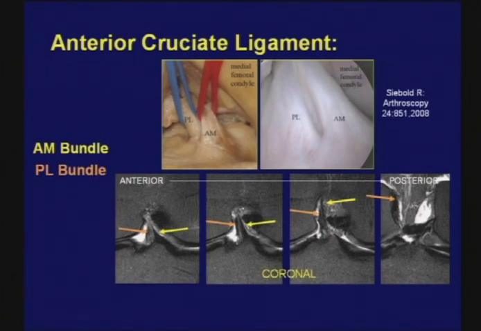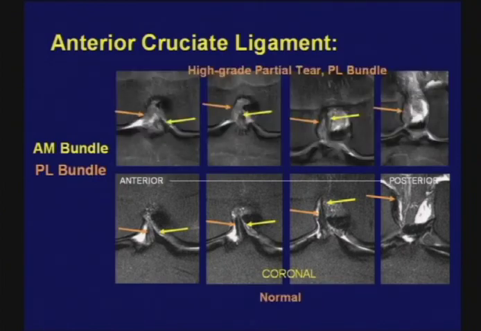The anteromedial bundle is longer, and I think in general is easier to see, except posteriorly at the image on your right, where you generally can see the attachment of the posterolateral bundle. So I try to trace these on the MR images. I'm not always successful in separating them, but I try to be able to see at least portions of each of those two bundles.